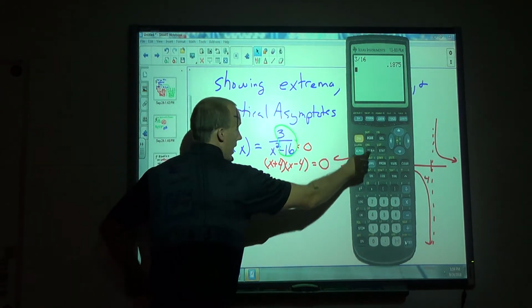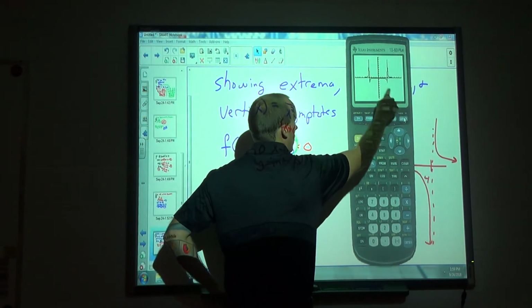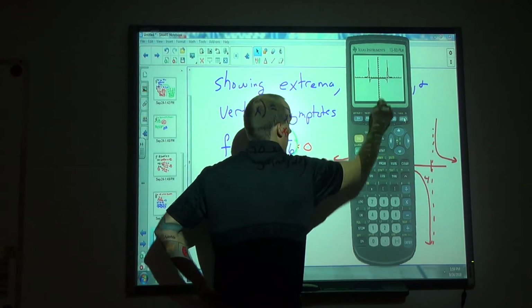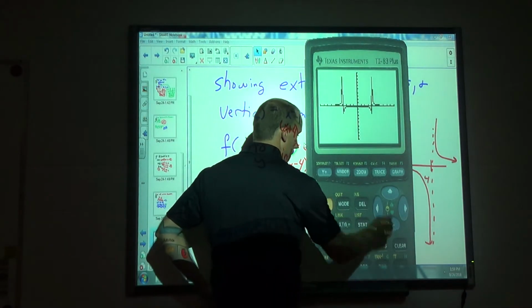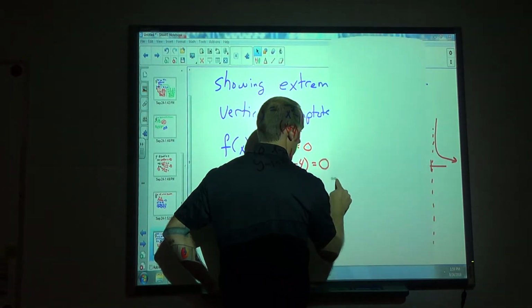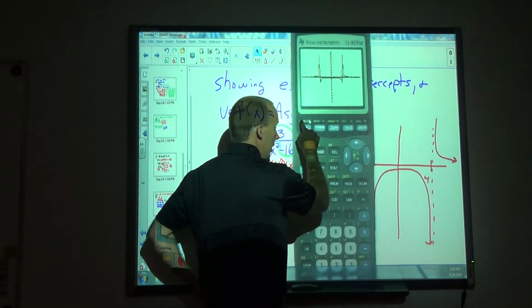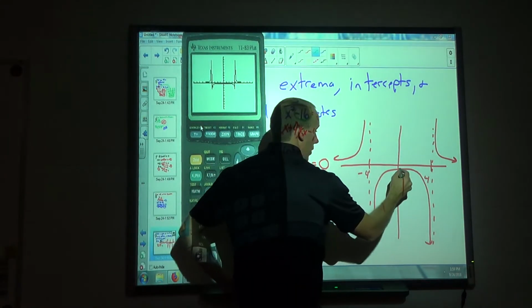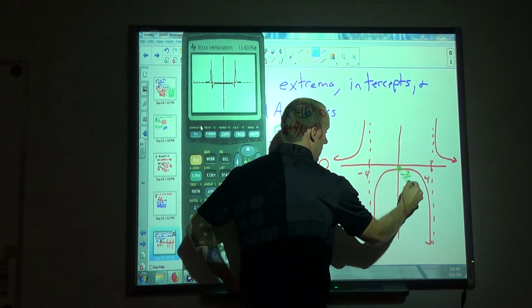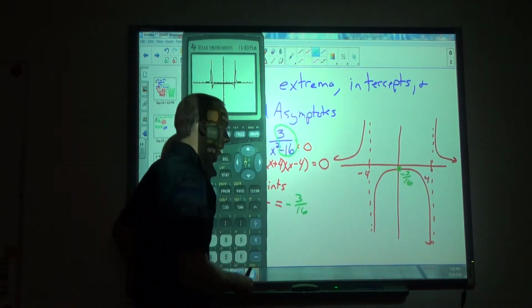Is that also the maximum there on that curve? The peak? And it is. Okay, so if I come over here, this spot here is -3/16. Isn't that also your peak?